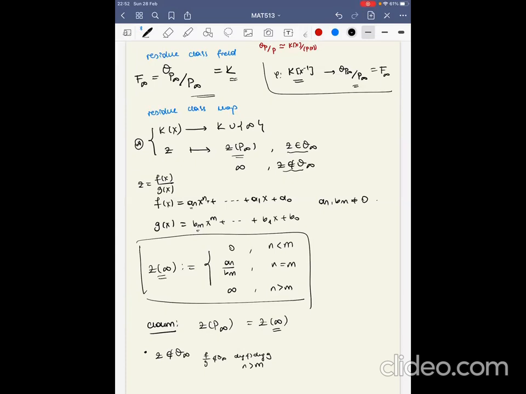By the definition of z infinity, in this case we have infinity. By the definition of the residue class map, we also have z of P infinity is infinity, and we get the equality. Now we want to see the case where z of P infinity is also determined by these two cases.